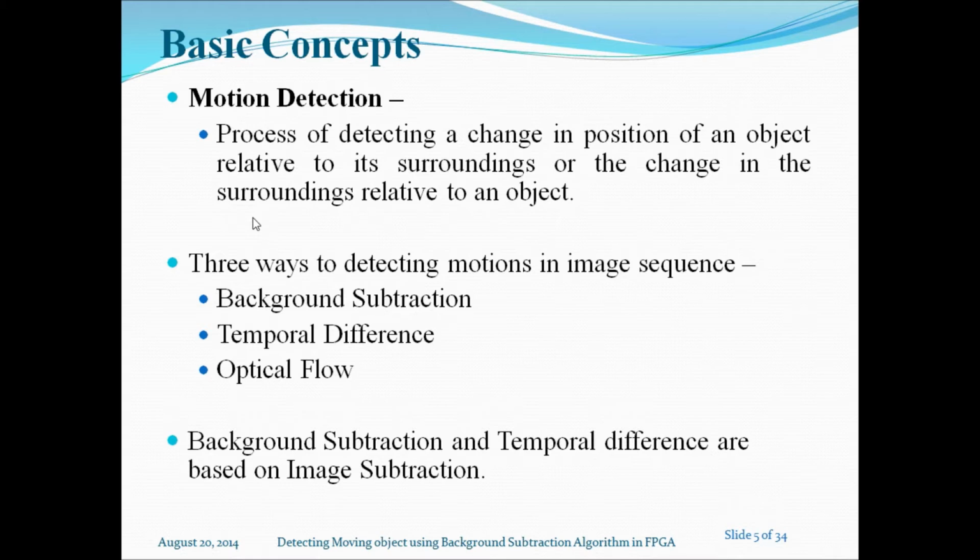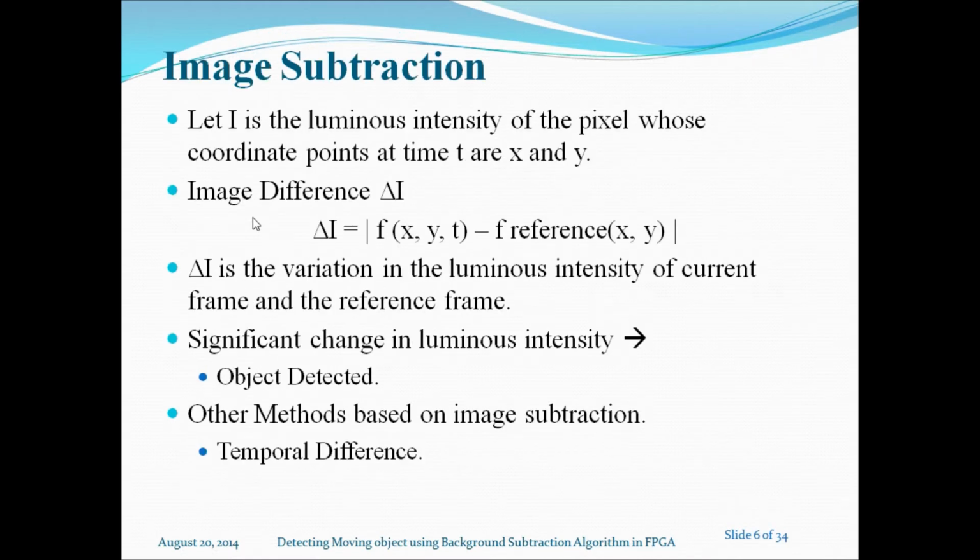Both background subtraction as well as temporal difference are based on image subtraction. Image subtraction means subtracting pixel intensities of frame 1 from frame 2. Let's say I is the luminous intensity of the pixel whose coordinate points at time t are x and y.